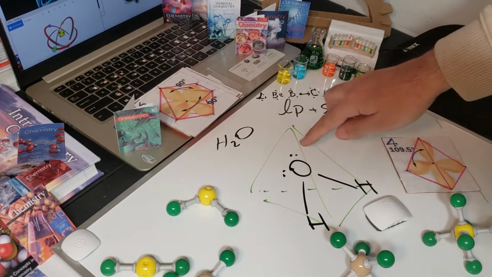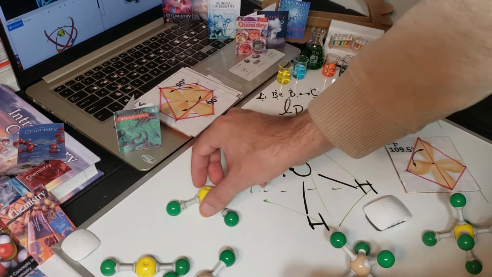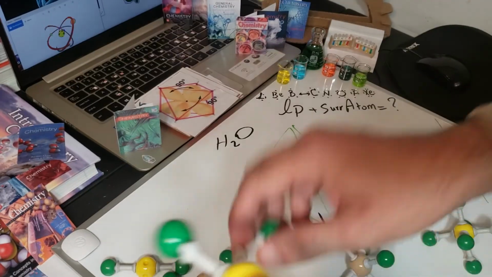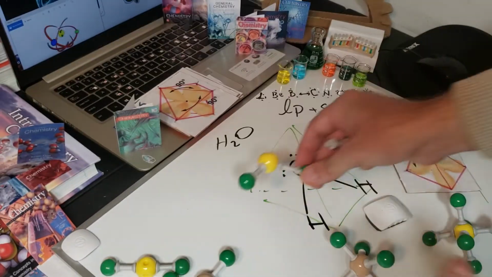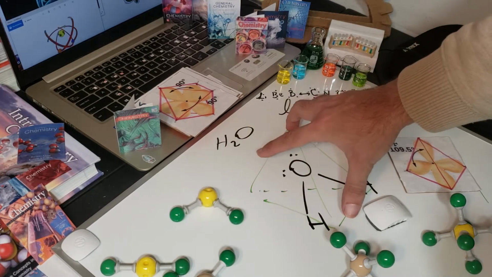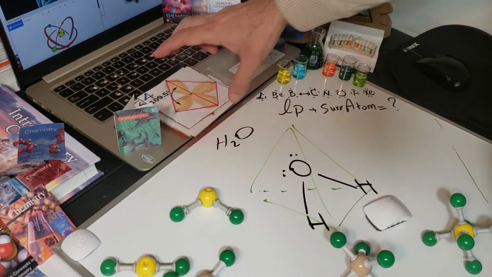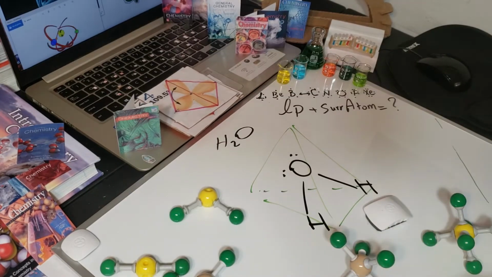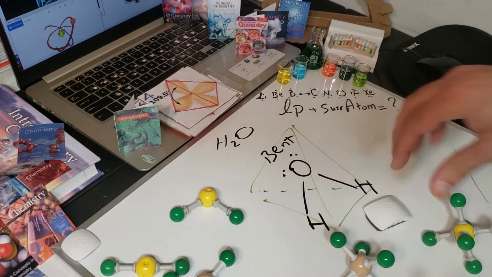You could see that I don't put the lone pairs here or here on the corners, because lone pairs do not possess shape. That's also the same reason why I detach this. So that's the bent geometry, and you could put it in a framework of a tetrahedral, and a tetrahedral with 2 lone pairs, as we spoke earlier, is called bent. Okay, so that's this.